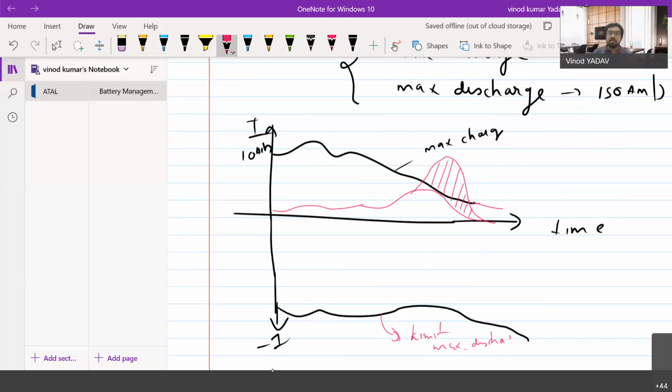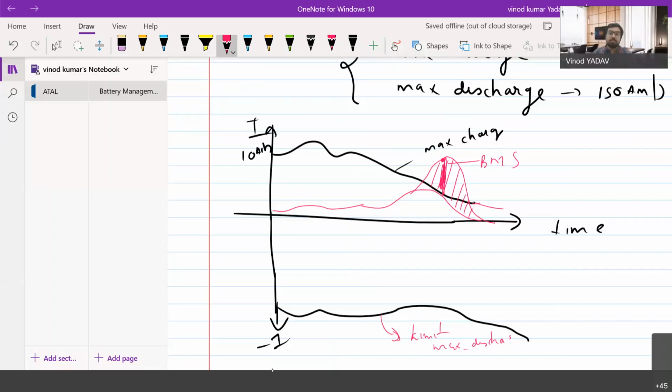If the charging current goes beyond this, what will happen? The BMS will send a signal to the contactor, and the switch will open, and the electric motor will be disconnected from the battery, and the system will be saved from any fault.